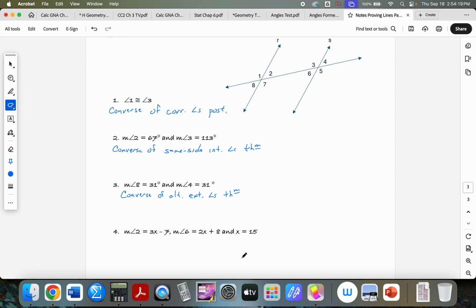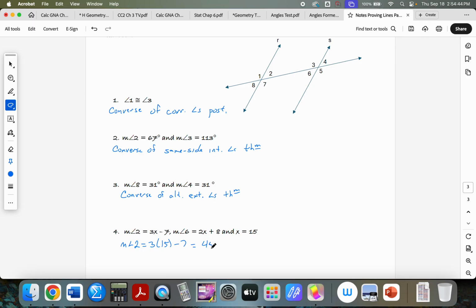And then they decided to get tricky on us here on number 4. They give you the two angles in terms of x, and then they tell you what x is equal to. So let's go ahead and find out exactly how big this angle is. So the measure of angle 2 is going to be 3 times 15 minus 7.